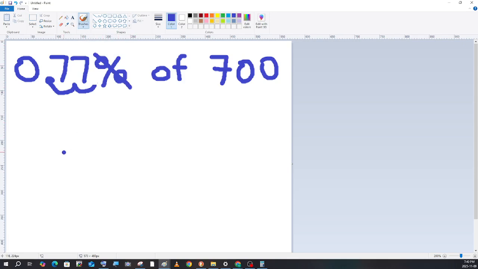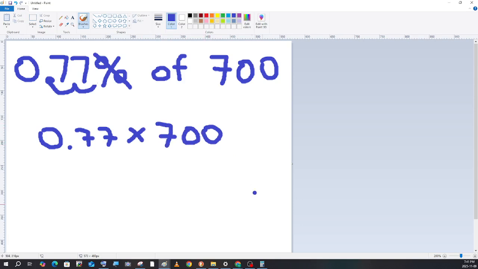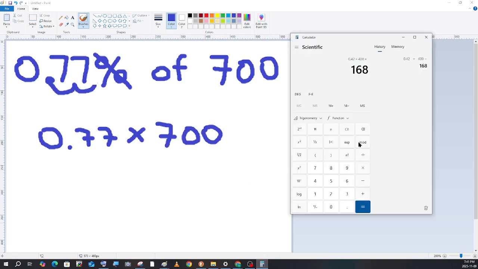So 0.77 is the decimal I'm going to need to find my answer this time. I'm going to go 0.77 times 700, because that's the number I'm finding the percentage of. Let's see what we get when we put that in the calculator. 0.77 times 700 equals 539.